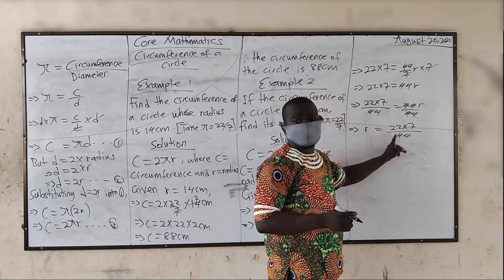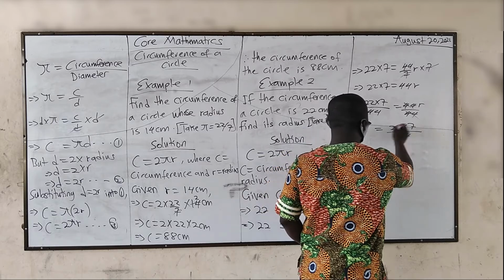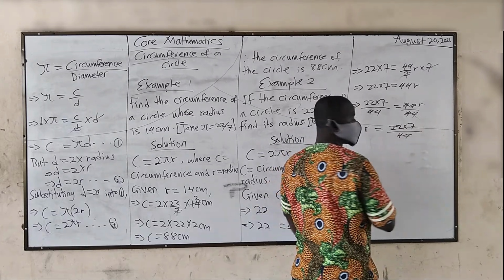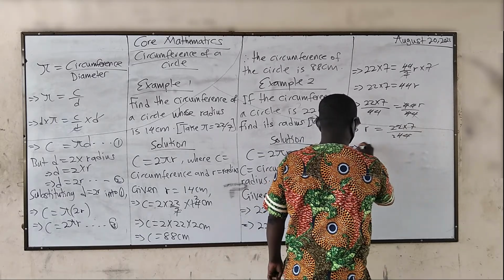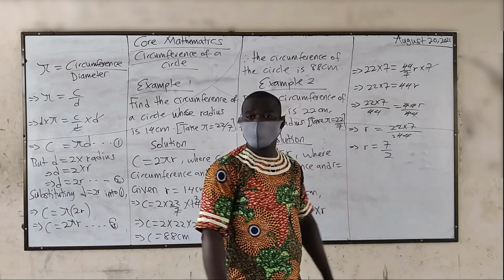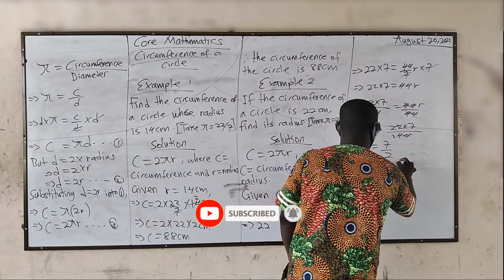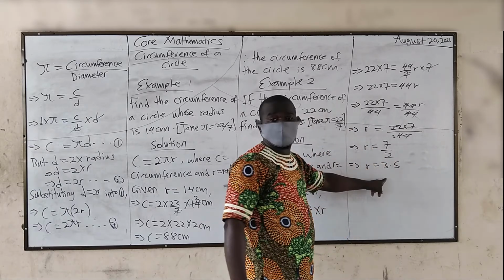These two numbers, I think they have a common factor, 22 itself. 22 here is 1, and 22 here, 2. r is now equal to 7 over 2. That gives us 3.5.